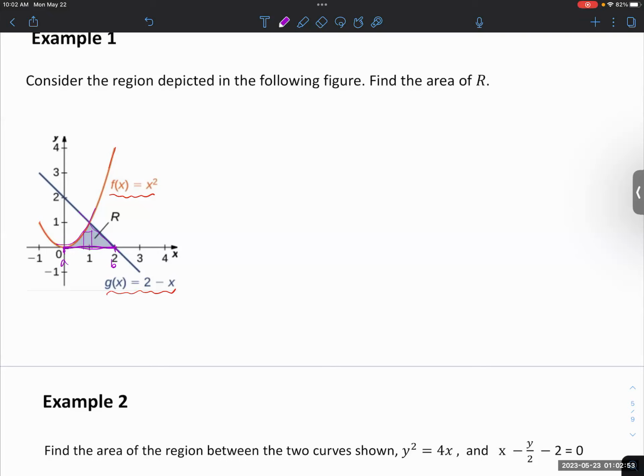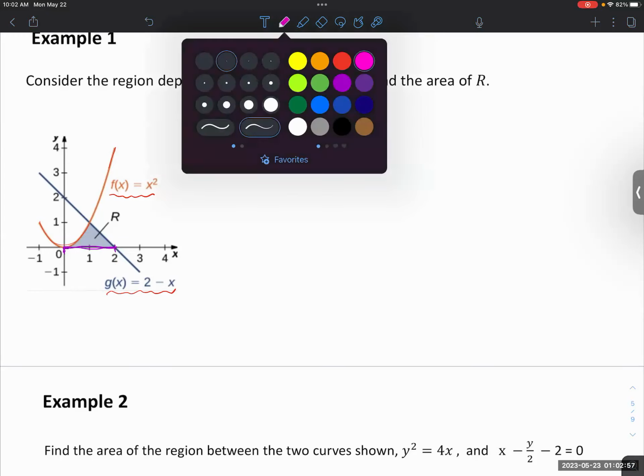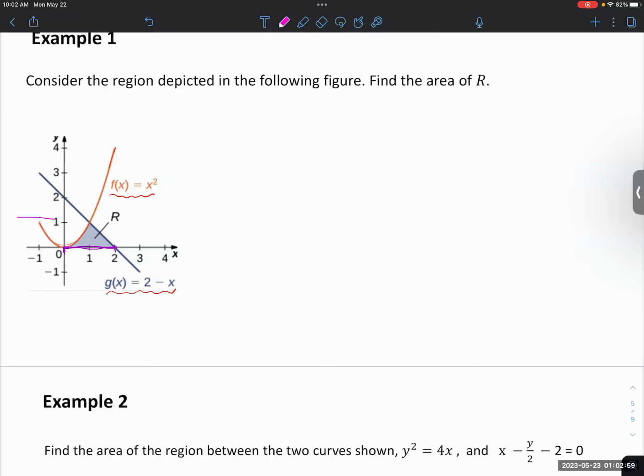So instead of looking at that perspective, let me show you another way. Say you have y equal to c, and let's say this is y equal to d. In this way, when you look at the image horizontally, the purple height is always higher than the yellow height.